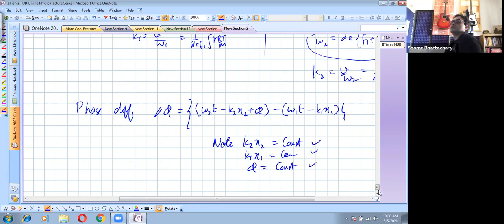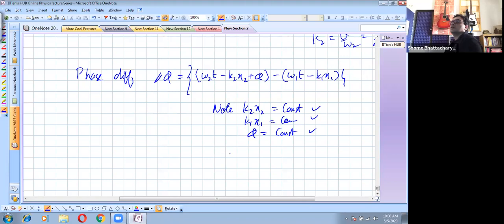But this term that you get, omega 2 minus omega 1 into t, this is time varying. It is instantaneous. So we can say that my instantaneous phase difference is this time dependent thing plus some constant. So let's just write that constant as something else.